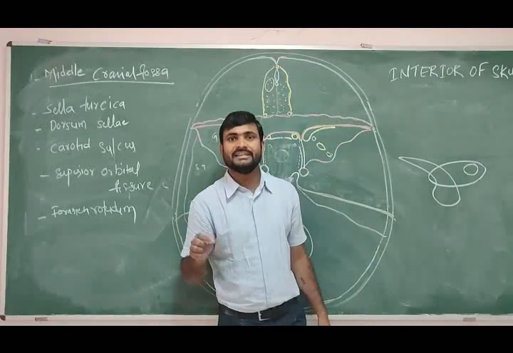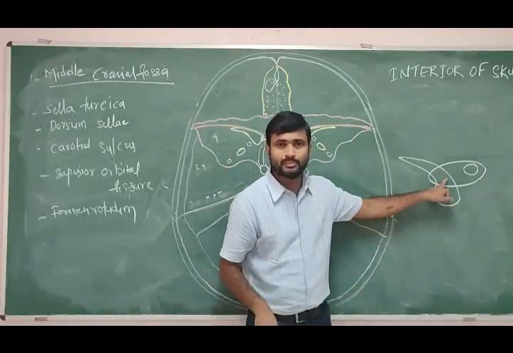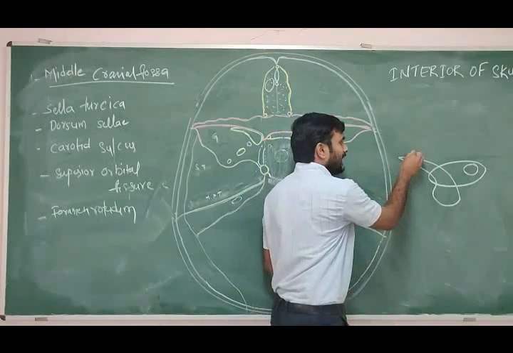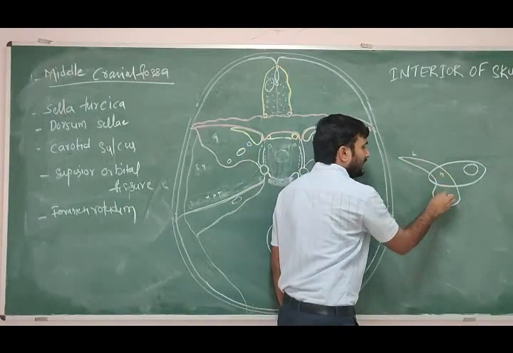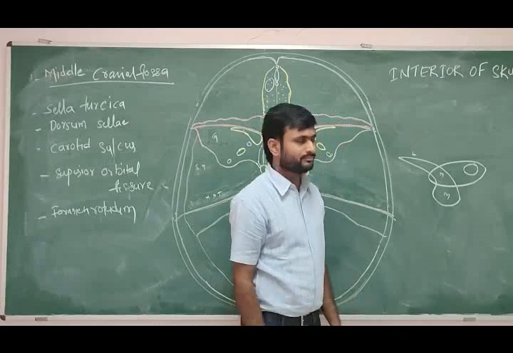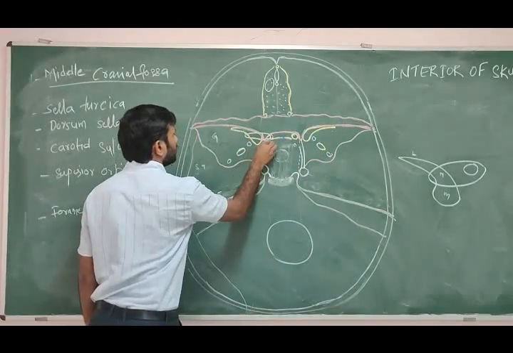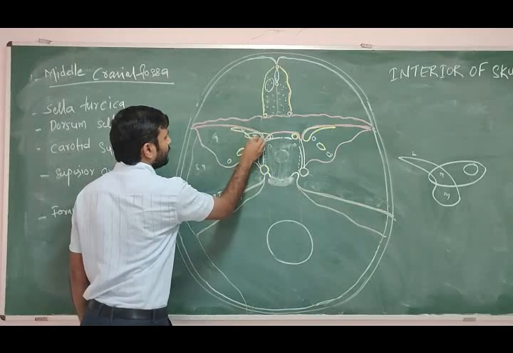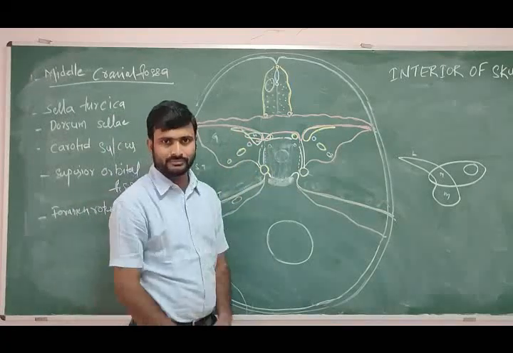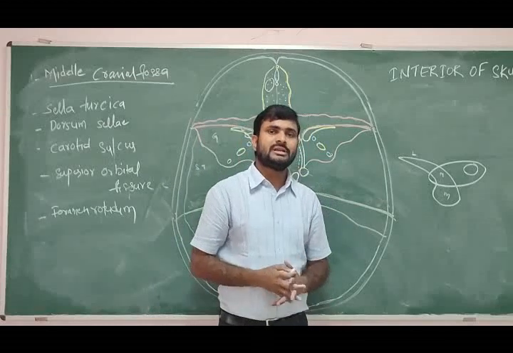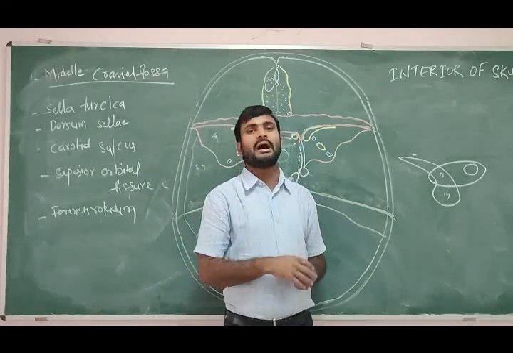The common tendinous ring divides the superior orbital fissure into the lateral part, middle part, and medial part. So a few structures are passing through these parts.